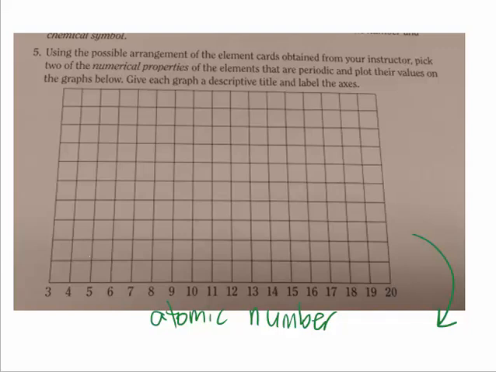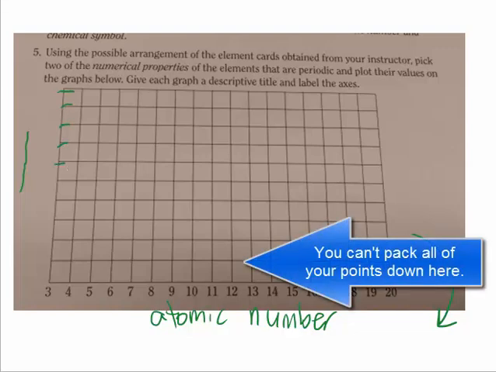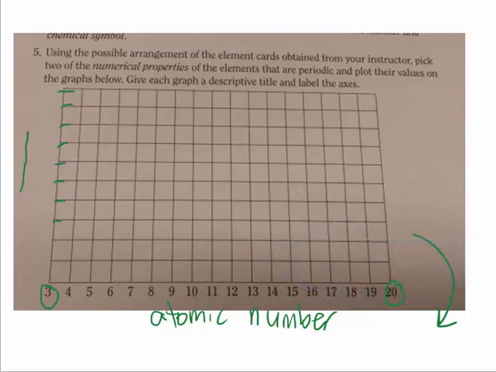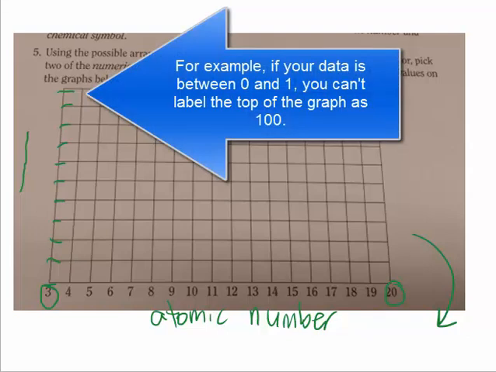By this time you know that periodic property means it goes in a certain pattern and then returns back at the beginning of the next row. So you pick 2 properties that do that, and you label that here. Now the key is to use numbers that space out your graph, so you have to look at all the numbers. You're only graphing atomic number 3 to atomic number 20, which you answered in number 4. But again, the key is to make sure that you label the y-axis properly so you can spread out your graph.